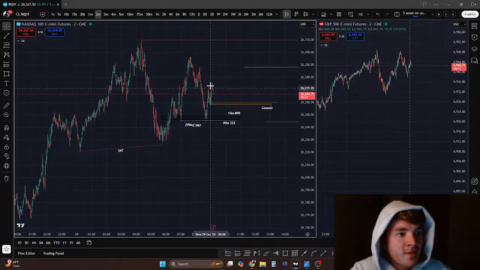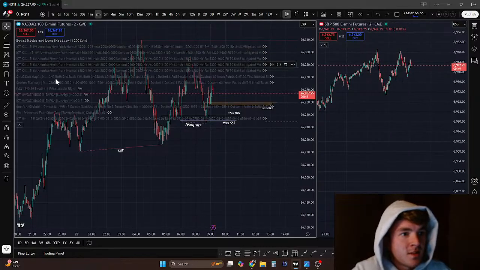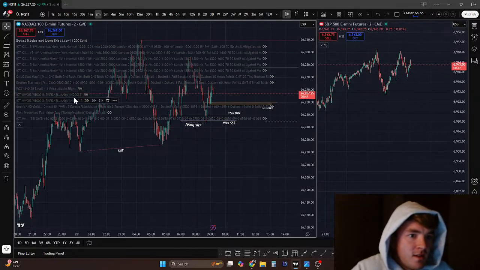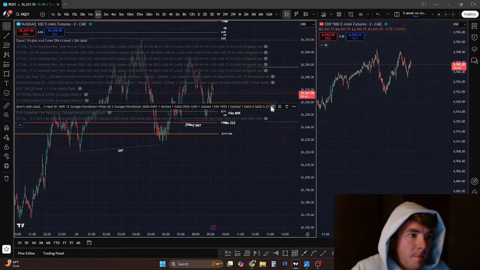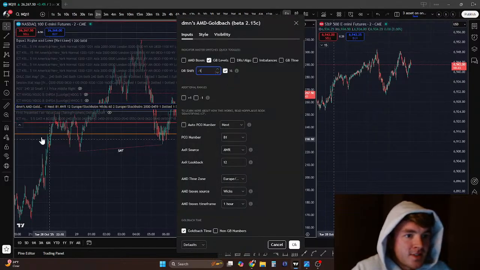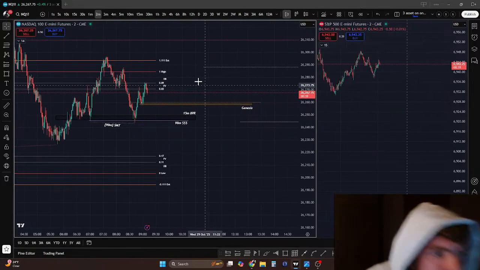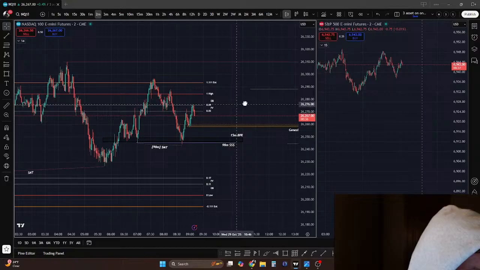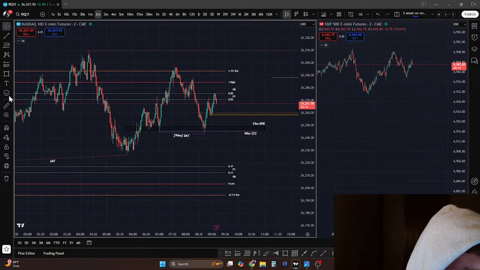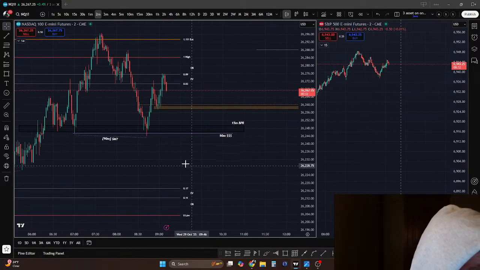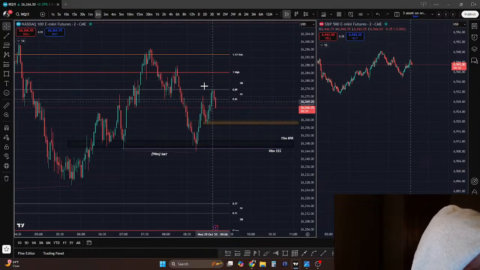I'm aware of the fact that this could also be a 2022 model to the downside, right? Because if I shift this down, you can see, oh, look at that. Now that actually is very, oh wow, wait, hold up, that looks kind of good. Look, we swept liquidity into that dealing range.